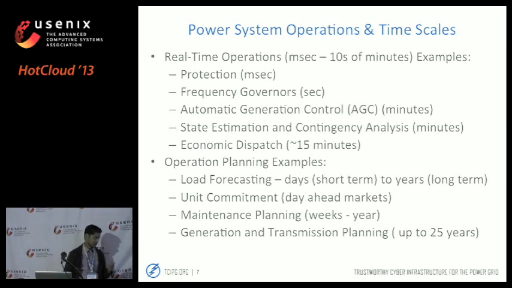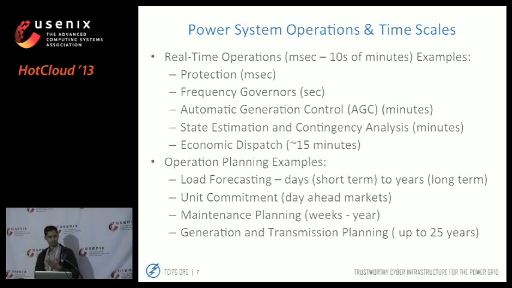And then they do unit commitment. That's where, for markets where the power is deregulated, it's sold in the markets, so there are day-ahead markets, and there are also hourly prices. But they start off with day-ahead prices, and then they refine them depending on the load conditions. And then maintenance and planning is on the order of weeks to a month.